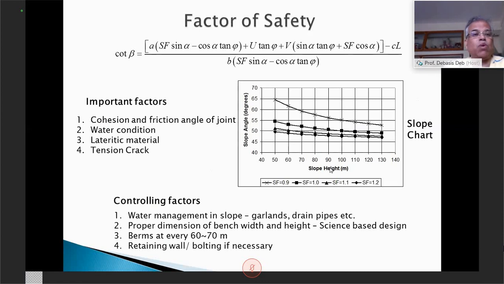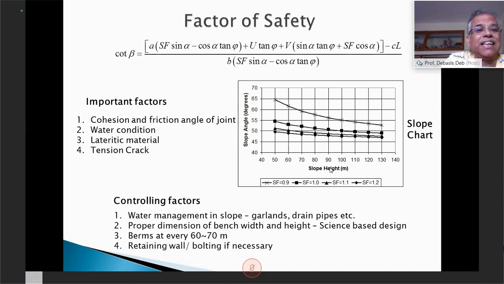The next is water condition. As you are seeing the water condition and what form of water pressure we are going to assume, that is also important, and this depends on the place, location, where the slope is, what the climatic condition of that area is. When you do the analysis, those kinds of things you have to keep in mind. ऐसा नहीं कि एक ही फॉर्मूला सब जगह में लगा दिया, ओके, वो शायद फिट नहीं करेगा.